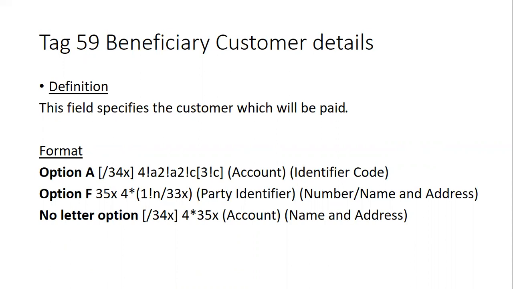So we have different formats available for tag 59 while sending this MT103 message by your bank. The format specifies option A, option F, and no letter option. So basically there are three options which you have as a bank, with which you can send this 59 beneficiary customer details. We'll understand this one by one.